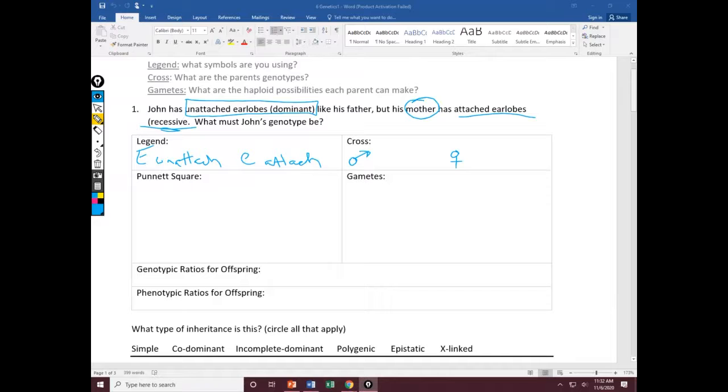Recessive is easy. Remember, if you're going to have a recessive trait, they have to both be recessive. To hear that recessive voice, you have to both be really quiet. So I know that mom's going to have two, how nice those E's are, two little e's.